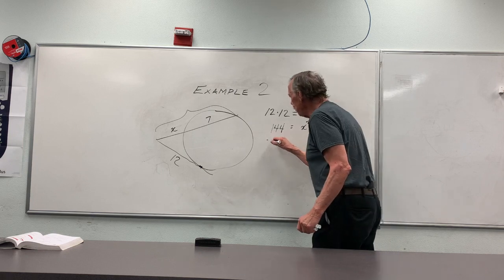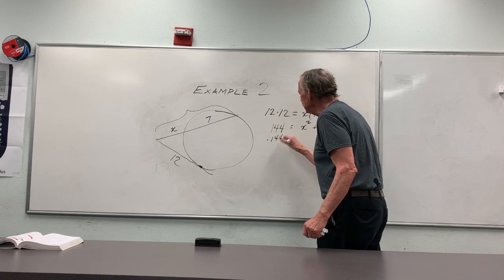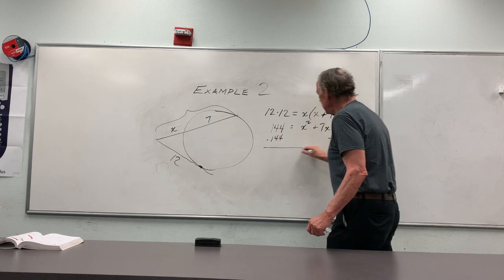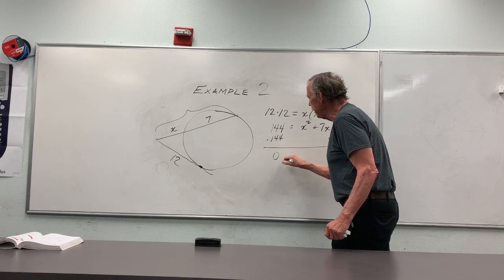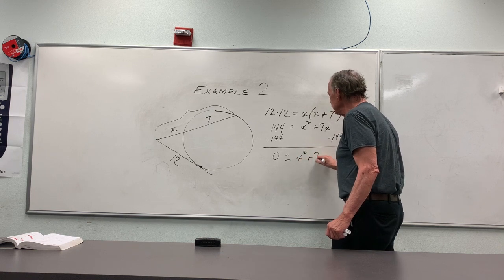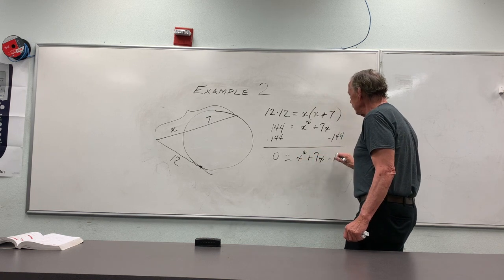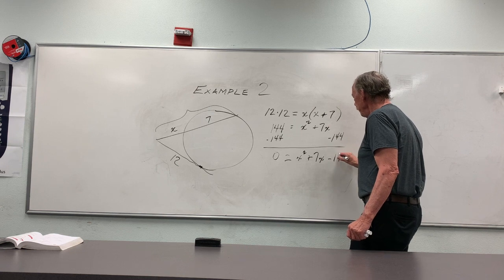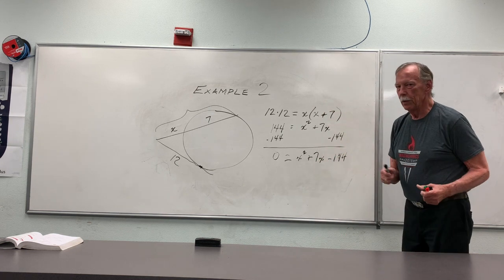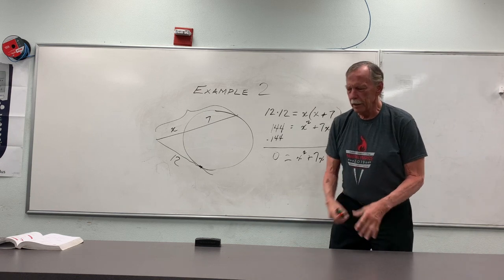Subtracting 144 from both sides gives us a quadratic equation, x squared plus 7x minus 144 is 0. We'll solve that here in just a moment.